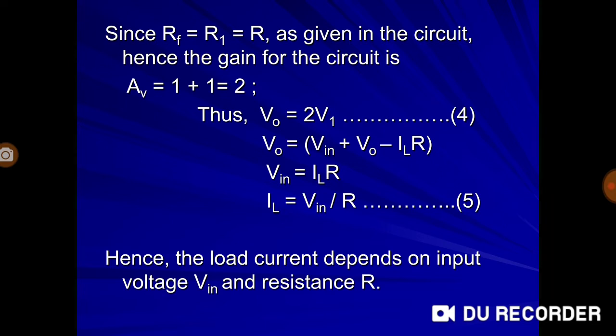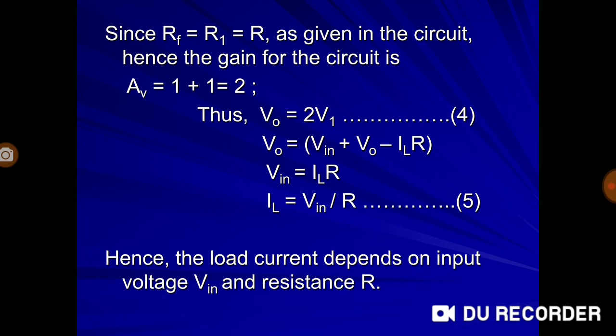Here we have already seen in the circuit that all the resistances have the same value R. So RF and R1 are both equal to R. So the closed loop voltage gain AV is 1 plus RF by R1, which is 1 plus 1, so it is 2. Hence, if the gain is 2, then the output will be twice the input applied. So V0 is equal to twice V1.